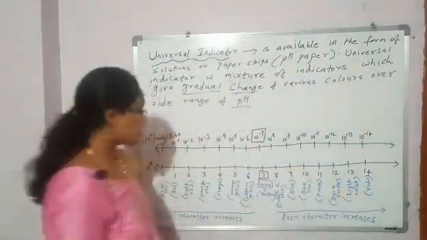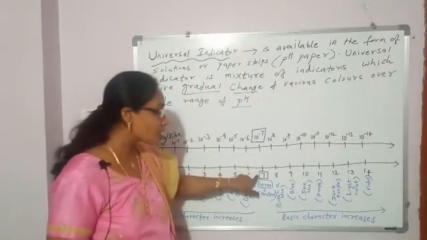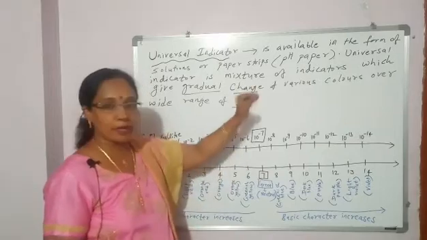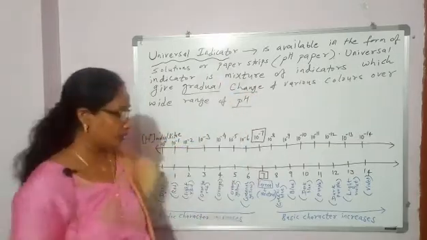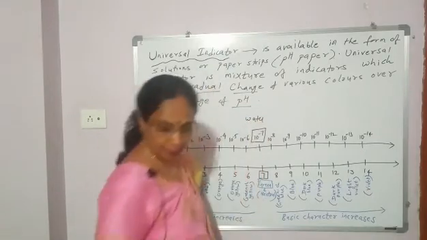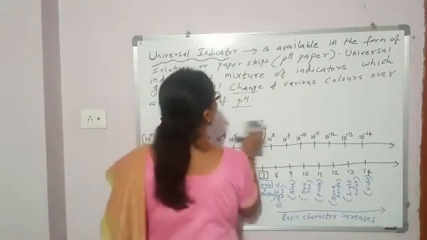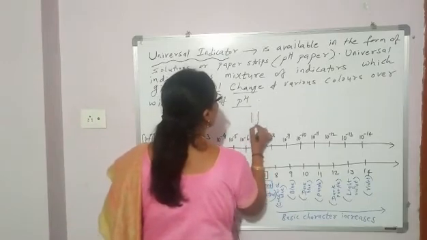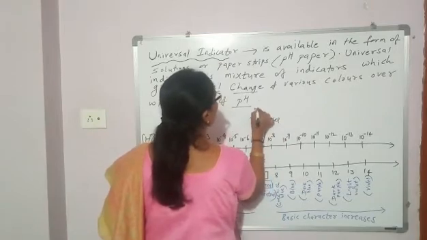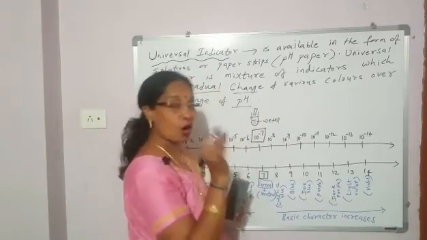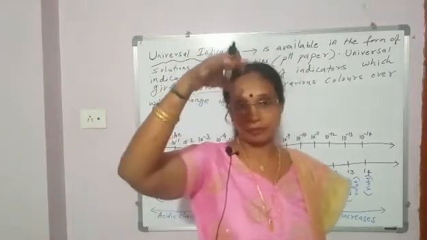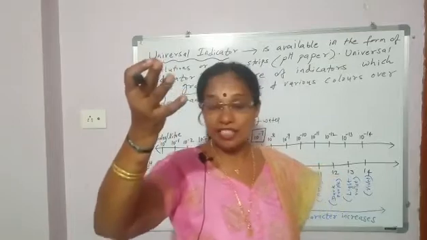Like, if the pH of a solution is 7, if you dip a pH paper in a neutral solution, for example water, or on a pH paper you put a drop of water, what color will it change to?